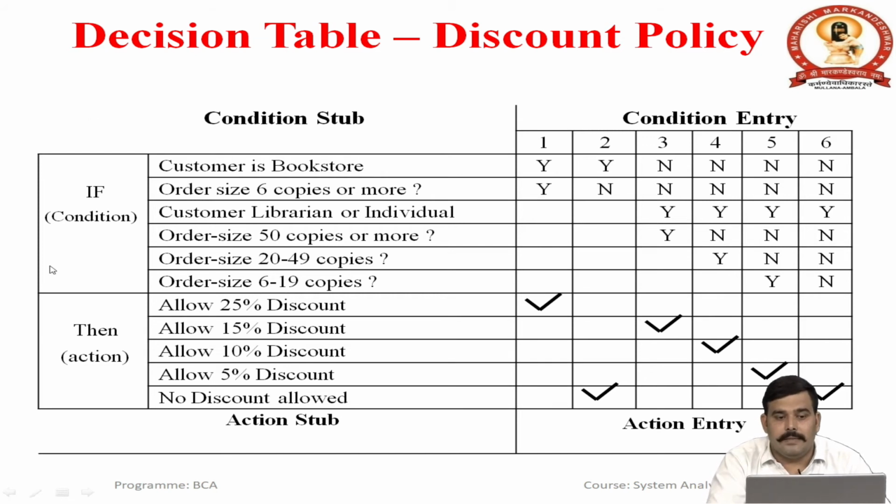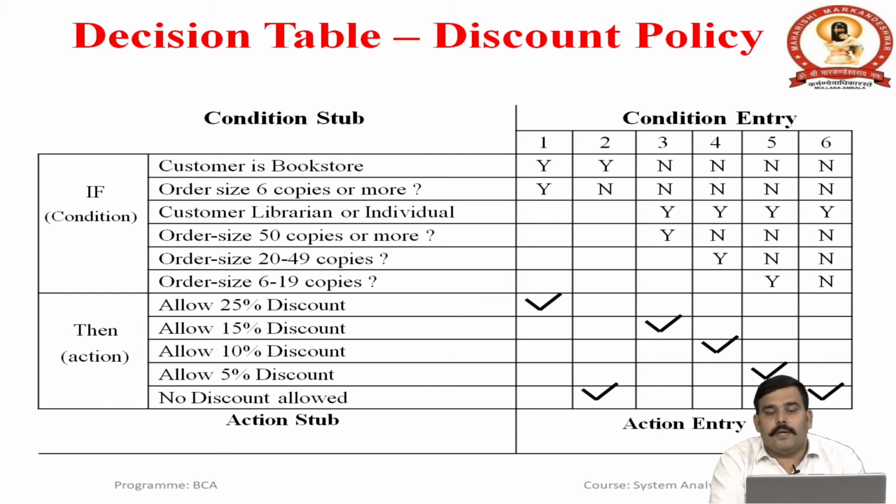So, that is the decision table for the publisher discount policy, and through it we can easily show the different combinations of the conditions that we have to check.